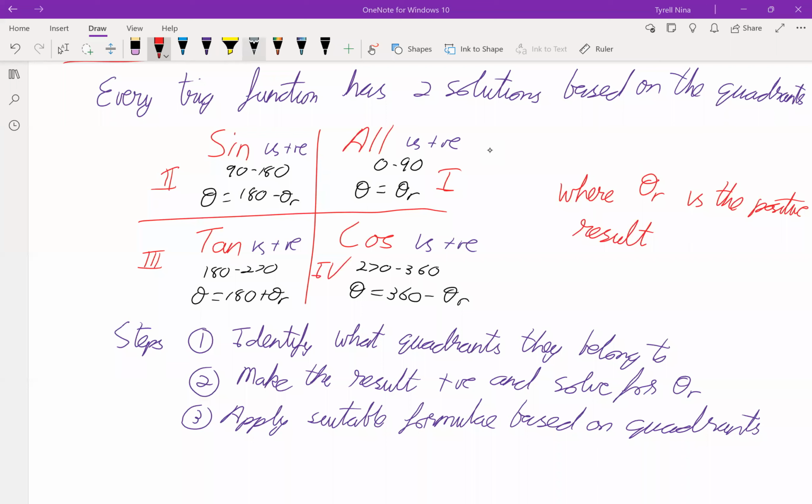So let's do the example here. So example, sine theta is a half.